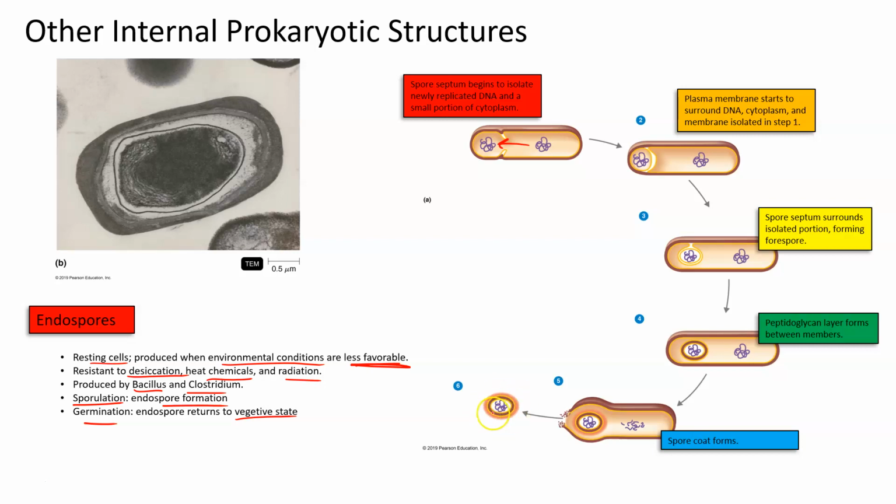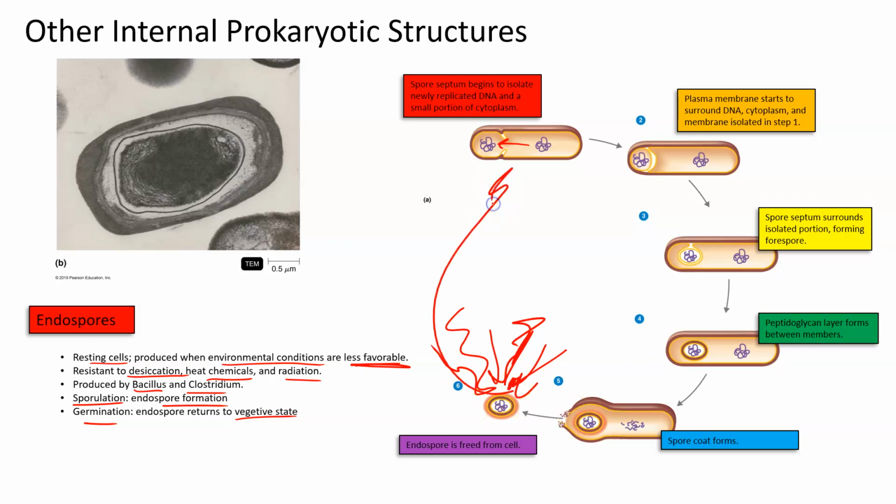The spore coat is what helps to keep it 100% protected from the desiccation, the heat, or the radiation, and it can then be freed from the cell, and it can withstand a lot of unfavorable environmental conditions. You can send radiation at it, you can send a lot of heat, you can try to kill it, you can put chemicals on it. A lot of times you will not kill it. When environmental conditions return, it germinates and becomes a viable bacterium again.